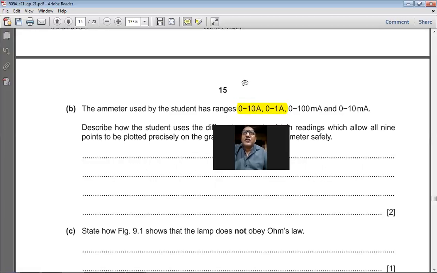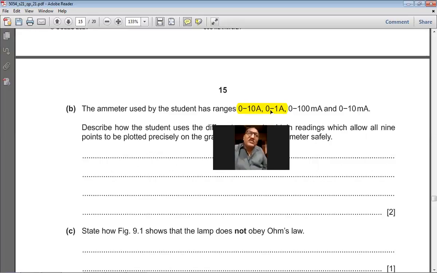Okay. So when the current is more than 1 ampere, then you have to set your ammeter at the 0 to 10 ampere range. And when the current is below 1 ampere, like 0.234 ampere, you cannot use these ones.